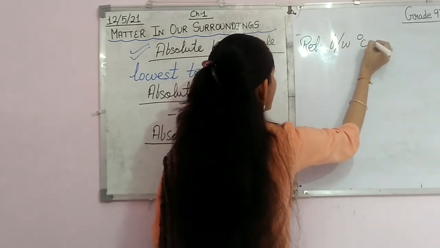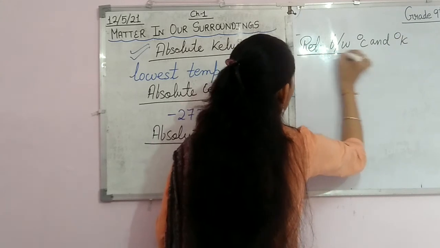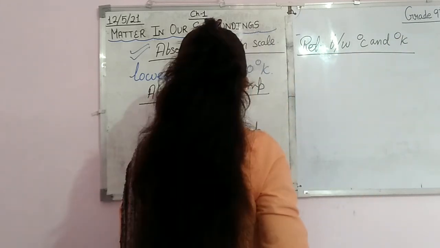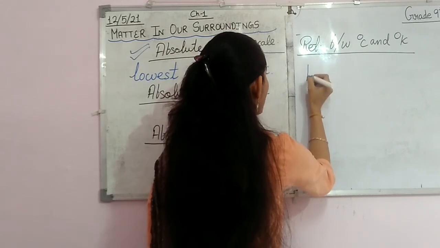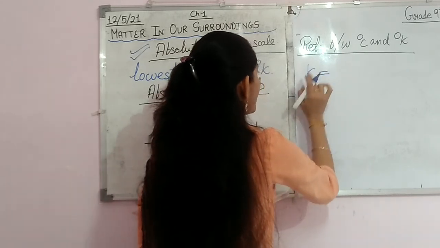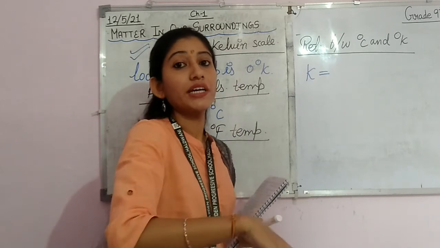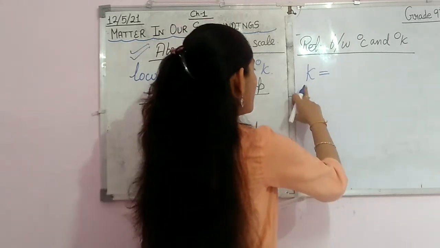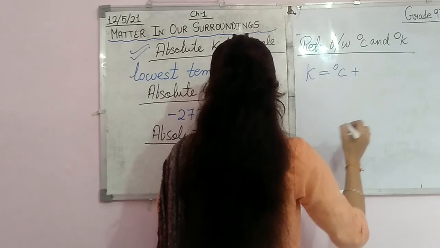When we have to change Celsius into Kelvin, we will write degree Celsius plus 273.